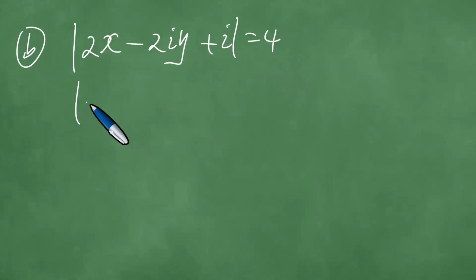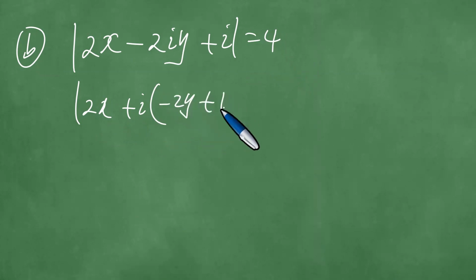So we have 2x plus i times minus 2y plus 1 equals 4, like this. And what then do we do now with this?